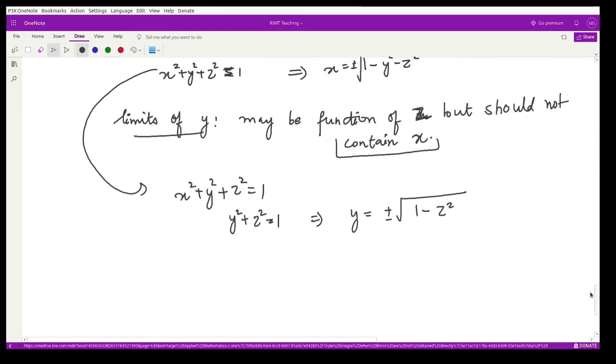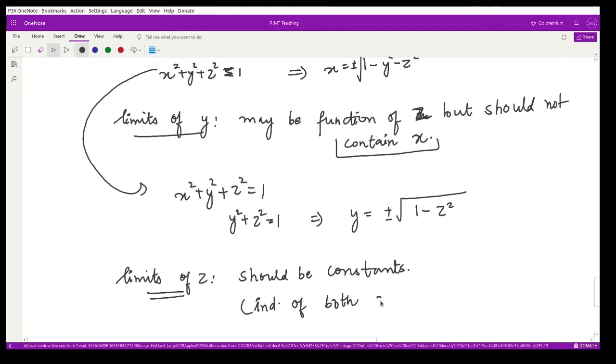And for the limits of z, they should be constant. That means they should be independent of both x and y.